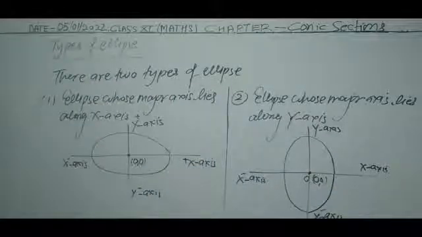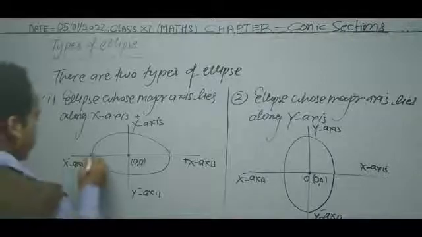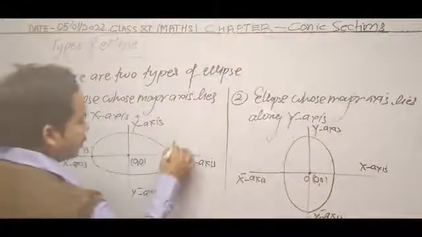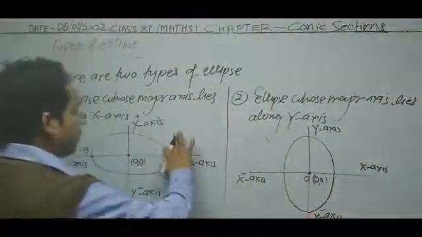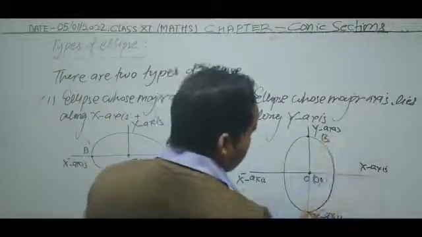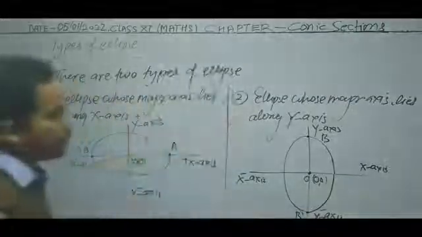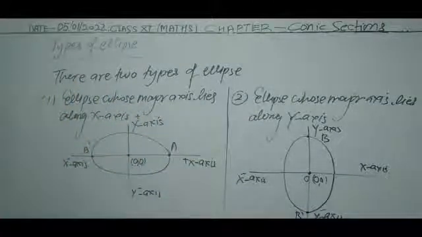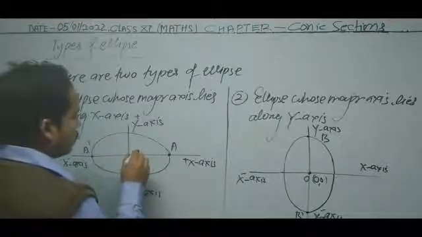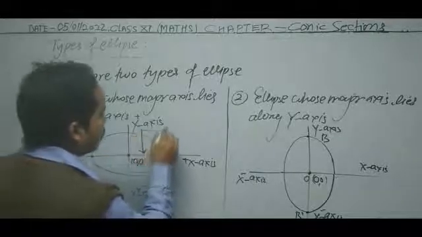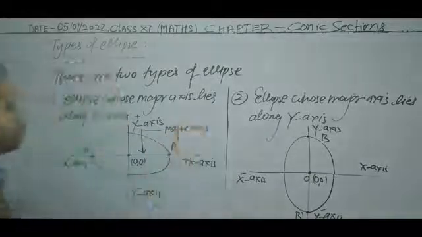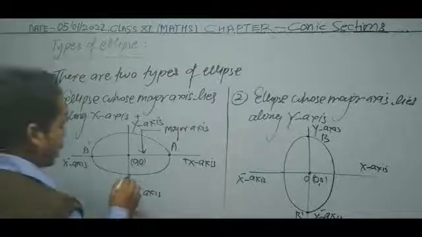Now in this figure you will see, suppose these are the vertex points A and A dash. Similarly, this is point B and this is point B dash. And this is the major axis, and this is the minor axis.